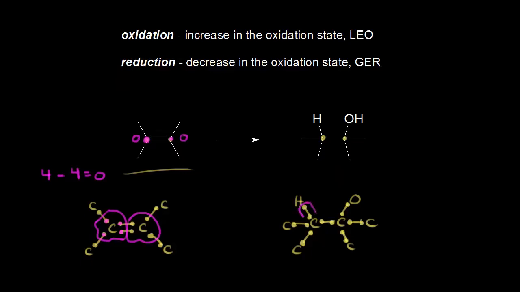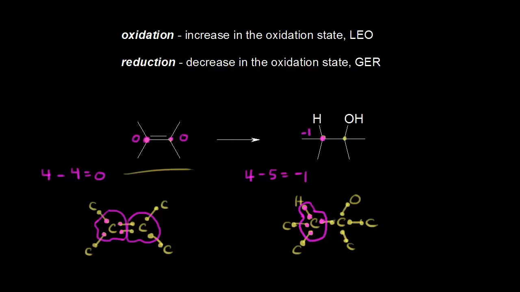So we give both of those electrons to carbon. And then we have carbon bonded to carbon, carbon bonded to carbon, and carbon bonded to carbon. So what's the oxidation state of that carbon on the left now? Carbon is supposed to have 4 valence electrons, and how many do we have around it? Let's see, 1, 2, 3, 4, 5. So 4 minus 5 gives us an oxidation state of -1. So this carbon on the left now has an oxidation state of -1.